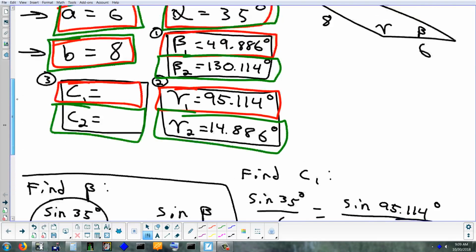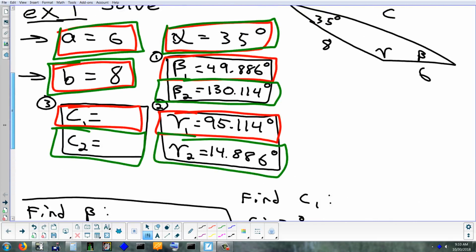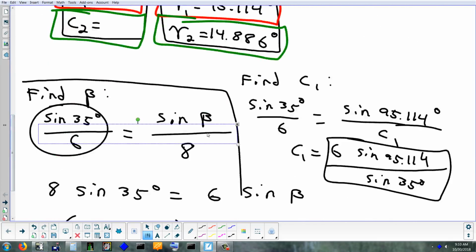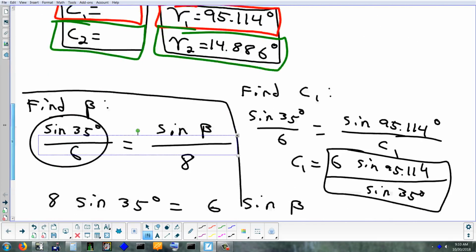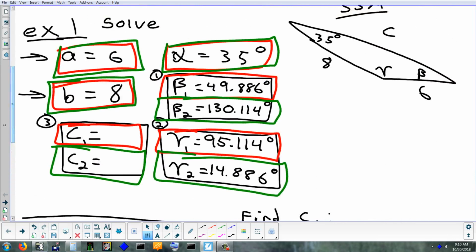Now quickly, if I just look at the red angles, gamma 1 is the biggest. So that means C1 is going to be the biggest. So it's got to be bigger than 8. But it also has to be smaller than what? 14. It's got to be smaller than 14 because these two added together have to be bigger. So I'm looking for an answer between 8 and 14.